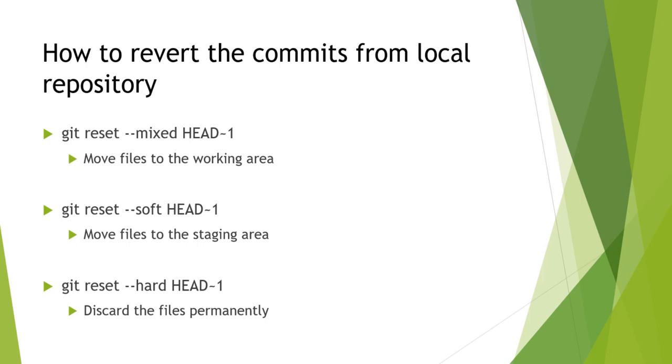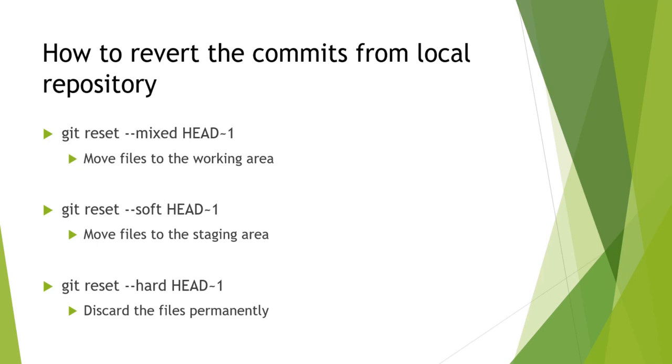We use mixed mode to revert the commit, and files were moved to my working area. In case of soft reset, files were moved to my staging area. And if I don't want to retain the changes or the files, then we can use hard reset.